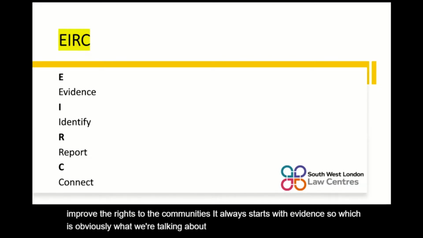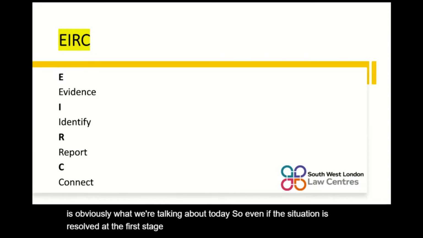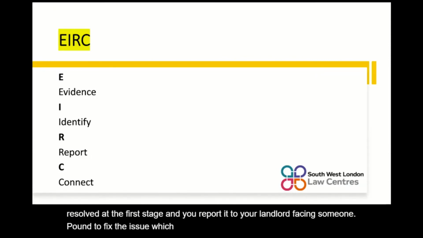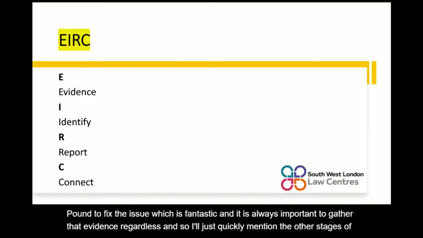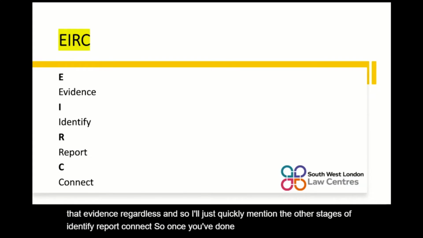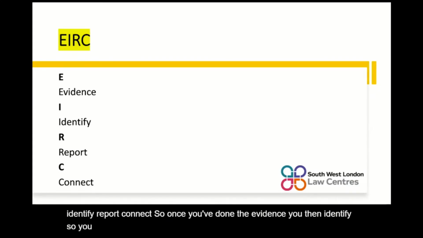Even if the situation is resolved at the first stage, and you report it to your landlord, they send someone round to fix the issue, which is fantastic, it is always important to gather that evidence regardless. So I'll quickly mention the other stages. Once you've done the evidence, you then identify who is responsible for the issue and what the issue is.